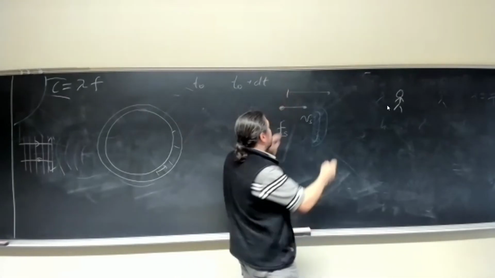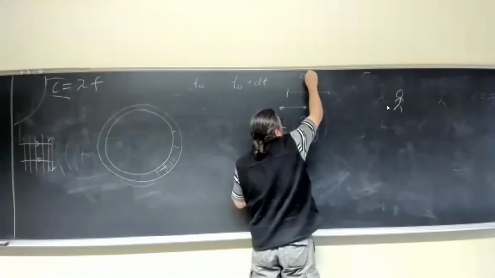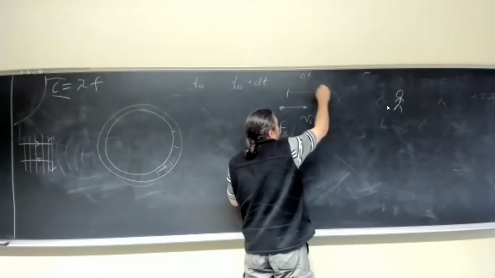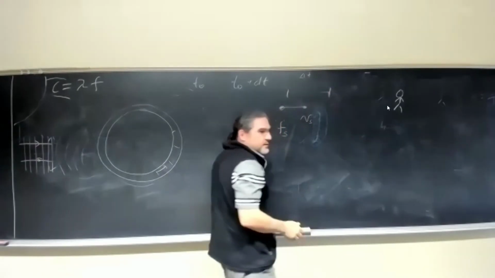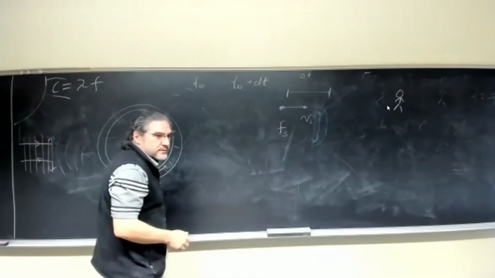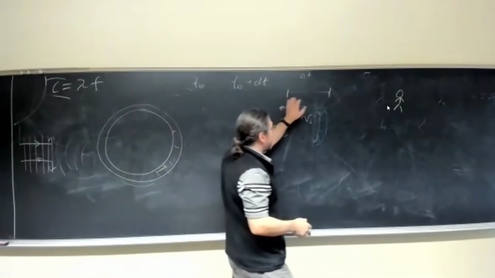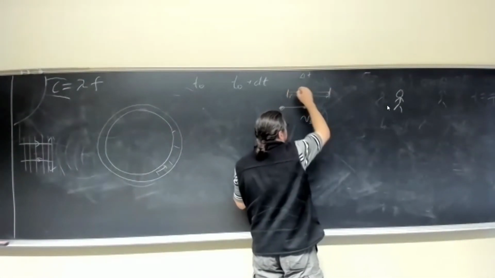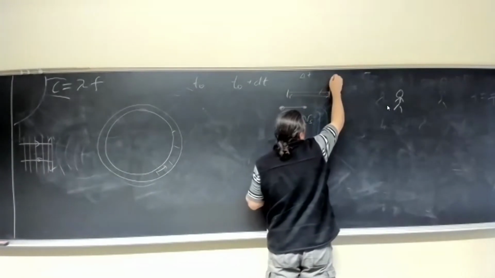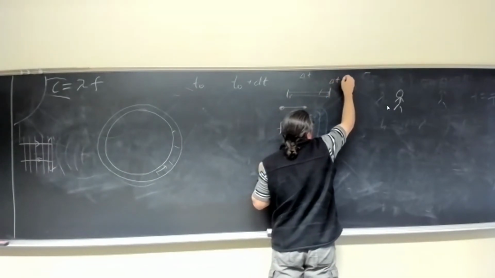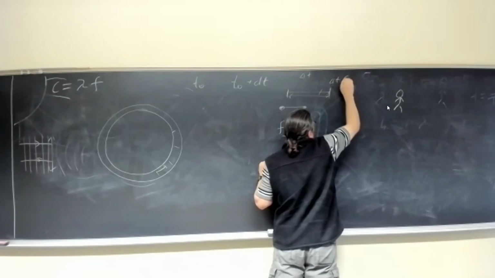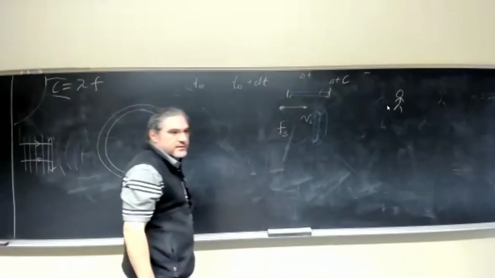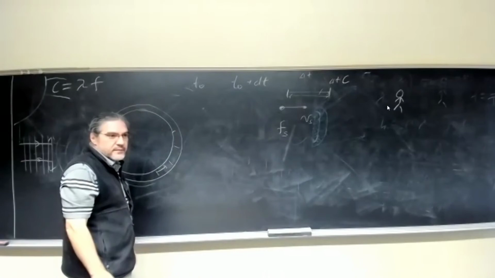After some time delta t, that wavefront is propagating over here, and that length which it propagates will be equal to delta t times the velocity of sound in the air, right?